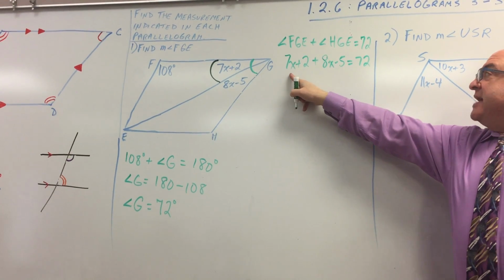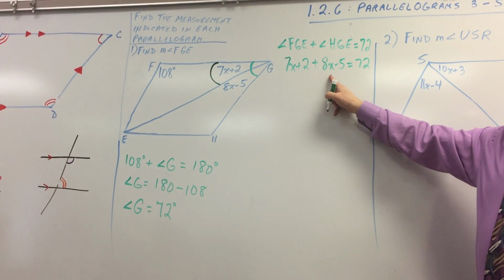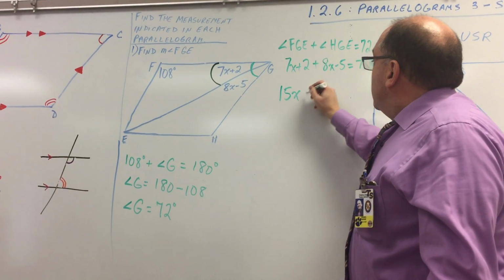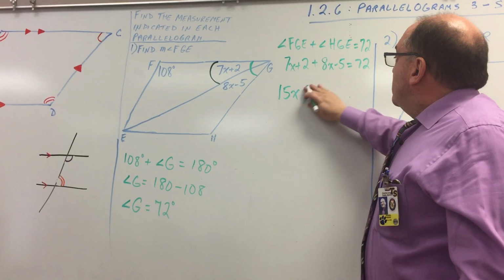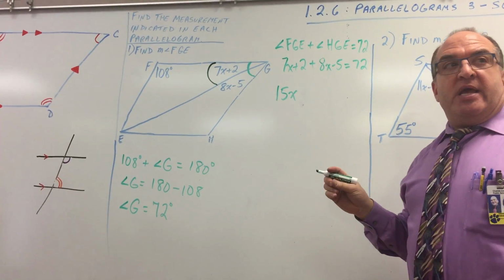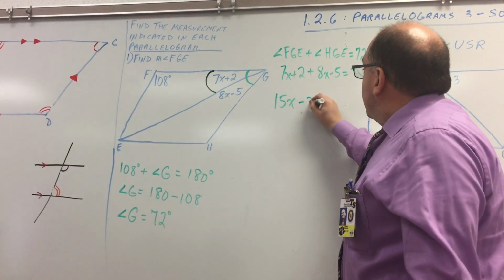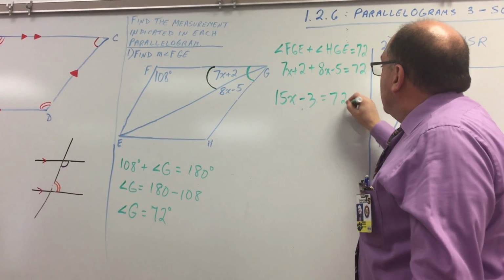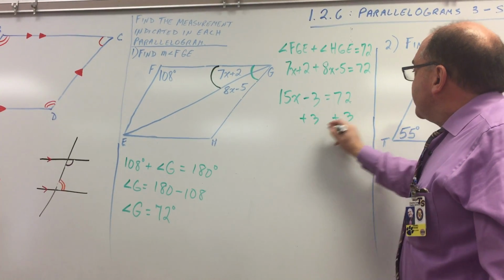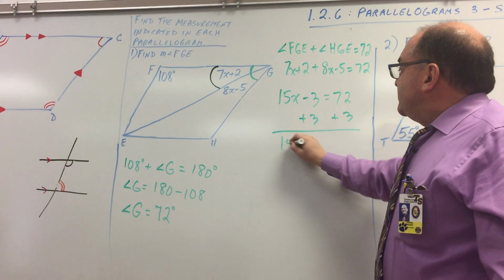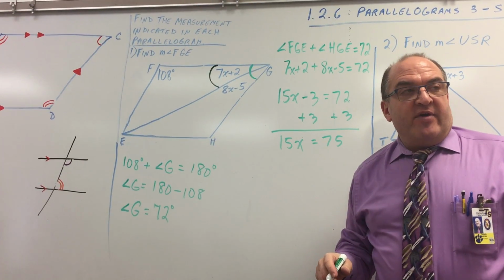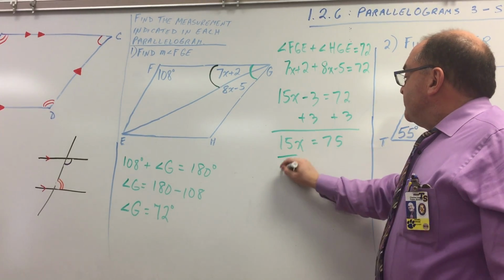Combine. What's 7x plus 8x? 15x. What's 2 minus 5? Negative 3. So 15x minus 3 equals 72. Add 3 to both sides. 15x equals 75. Divide by 15.